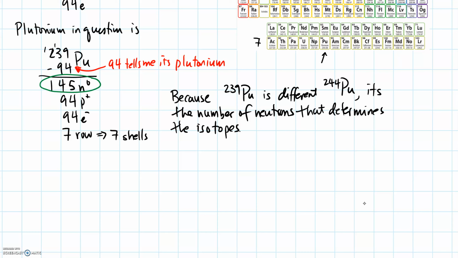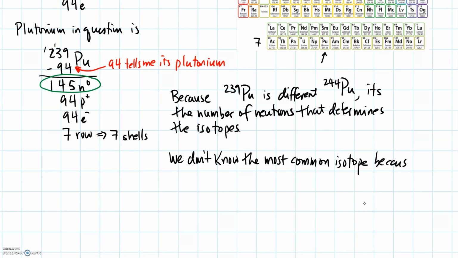So the answer to this is that we don't know the most common isotope because it's far towards the bottom of the table.